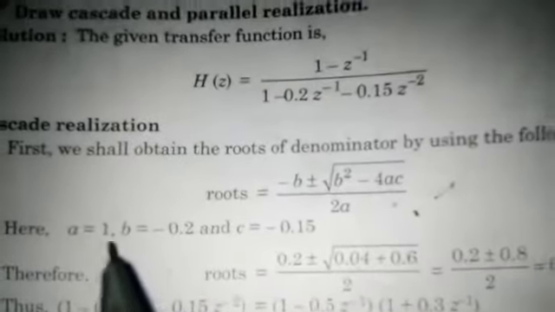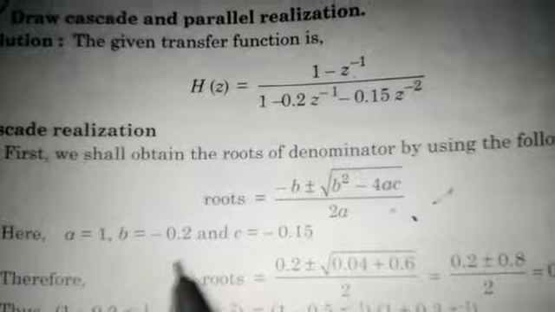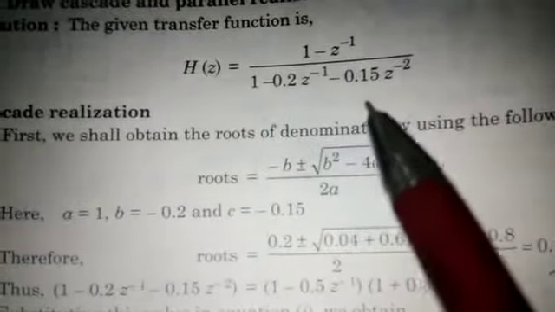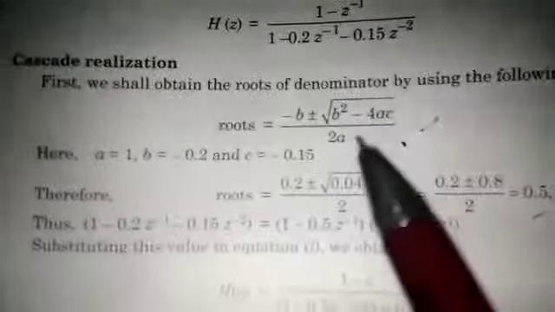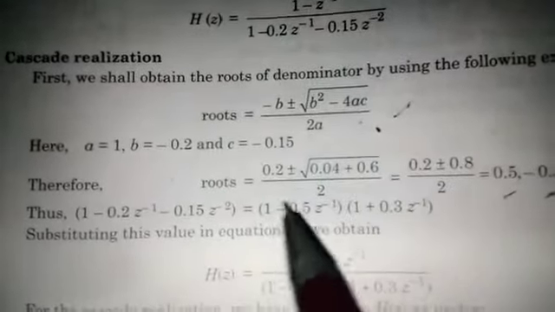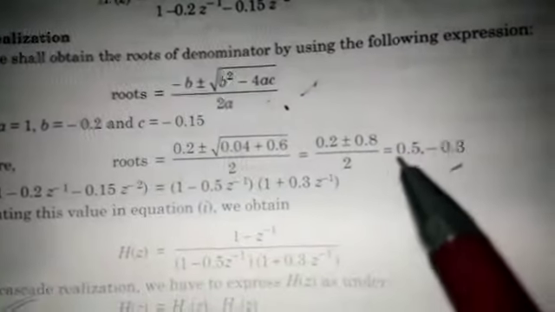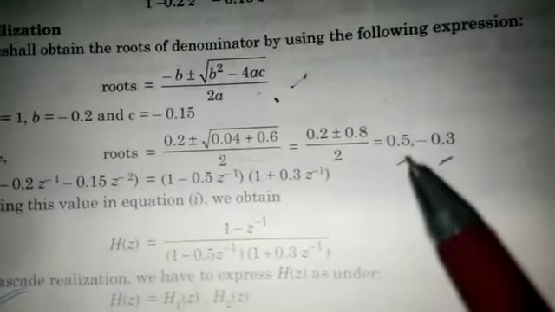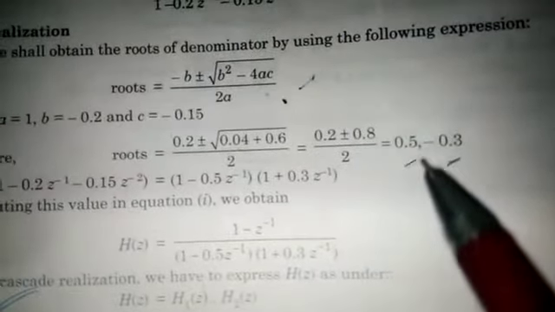Compare this with this equation. Then we will find here A is equal to 1, B is equal to minus 0.2 and C is equal to minus 0.15. We will put these values in the roots. So we have got here the roots 0.5 and minus 0.3.